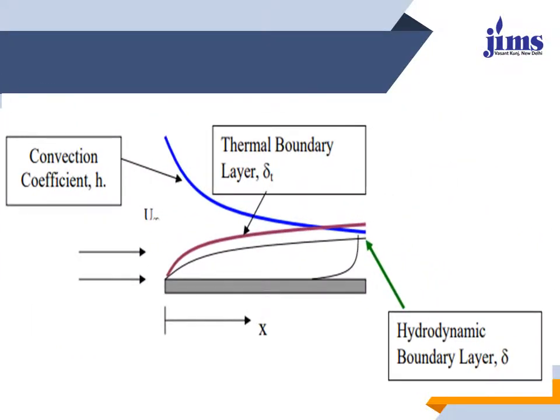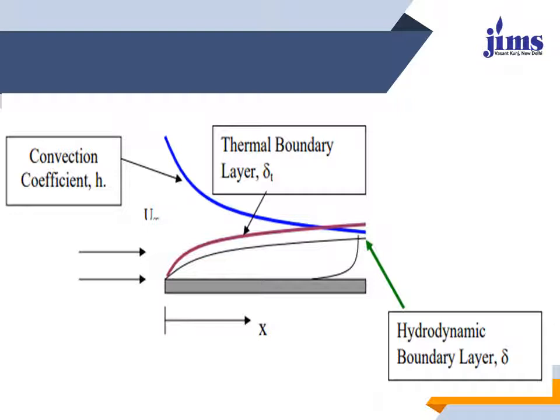Different types of thermal boundary layer, different types of boundary layer thickness. Generally, in fluid mechanics, we examine the hydrodynamic boundary layer, but in thermal heat transfer, we use the thermal boundary layer concept. So there are two types of boundary layer known as the hydrodynamic boundary layer and the thermal boundary layer.